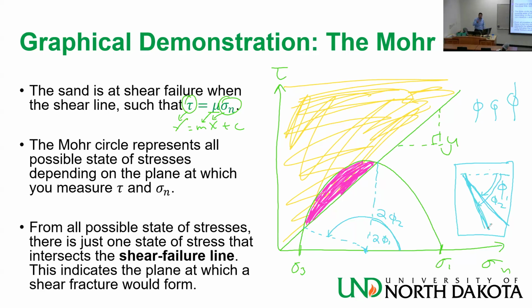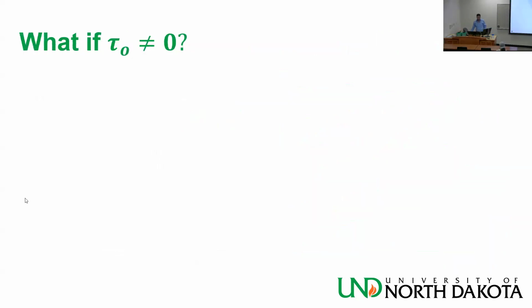It has a lot of fractures in it, so the critically stressed hypothesis is valid. This won't be true with the core. It will be true with real Earth material, like a big sample from the Earth. But with a small core, I generally consider it intact. So when I go to the lab to test the core, I need to take into account tau naught.